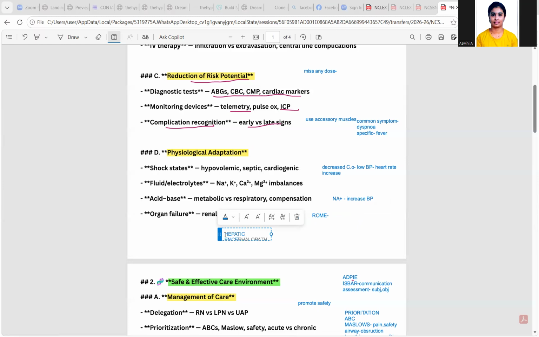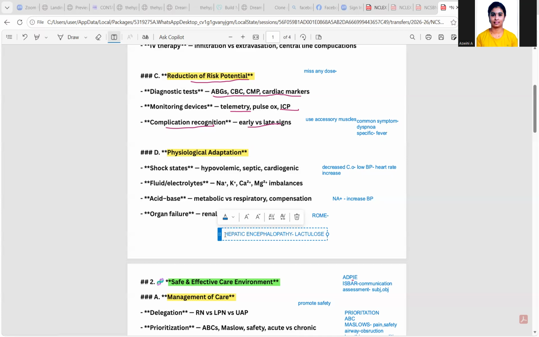Thiamine? No. Because there is excess ammonia accumulated, the ammonia needs to be eliminated through the feces only. So which one? Lactulose, ma'am. Yes, lactulose is the treatment of choice for hepatic encephalopathy.